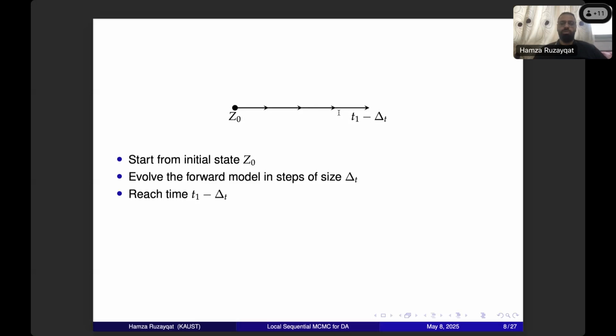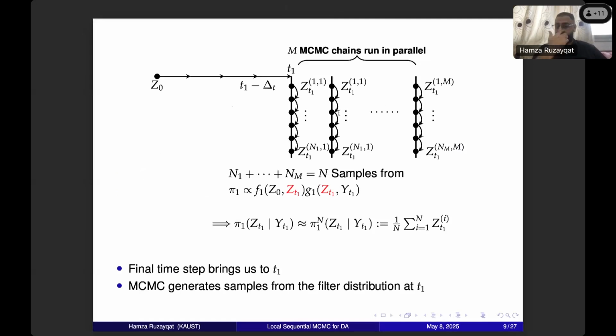And then at time t1, you generate M chains of MCMC by going serially for each chain, starting from some initial point until you get to z_t1, for example N11.